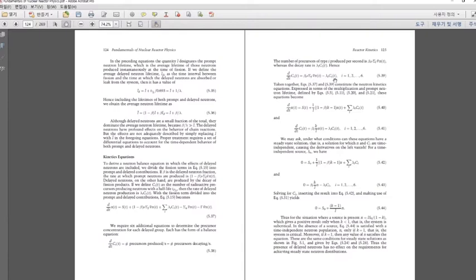So we now have 7 simultaneous differential equations, which we need to solve simultaneously. Here we can find a steady-state solution for n(t), the neutron density, and C_i(t), the concentrations of the 6 precursor groups.